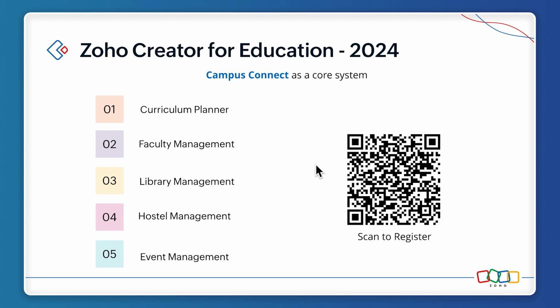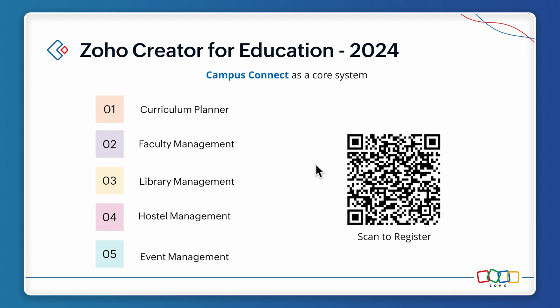In the next year, 2024, we took a concept called Campus Connect, and we categorized it under the application category core system. In this Campus Connect, we took many major processes within this education industry and automated them within this single application. We took the curriculum planner, from preparing the course curriculum, scheduling the timetable for each and every curriculum, circulating the curriculum planner with the students and the faculties, and also managing the faculties.